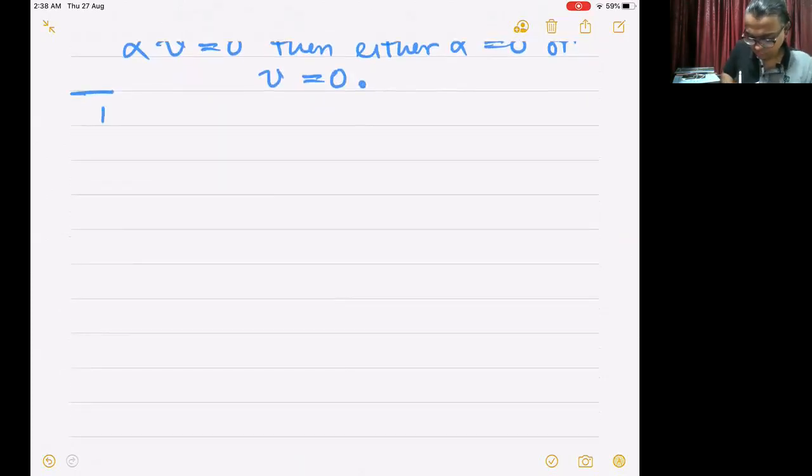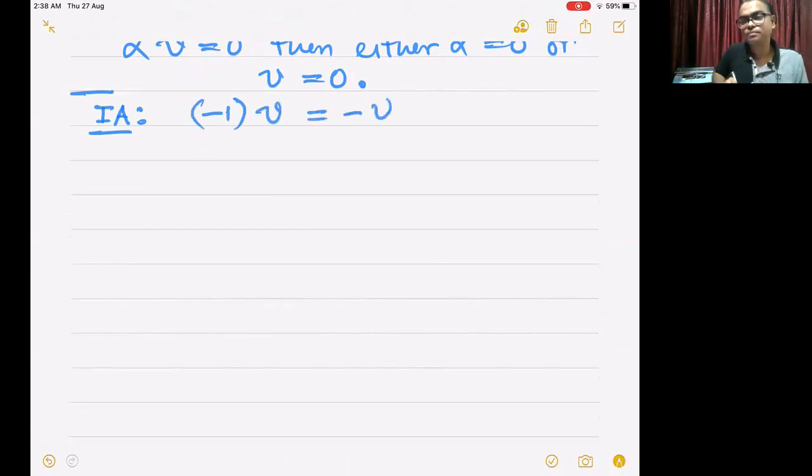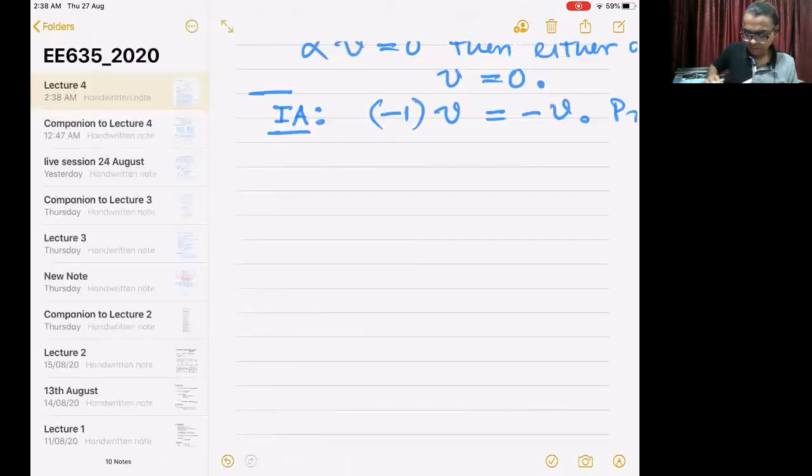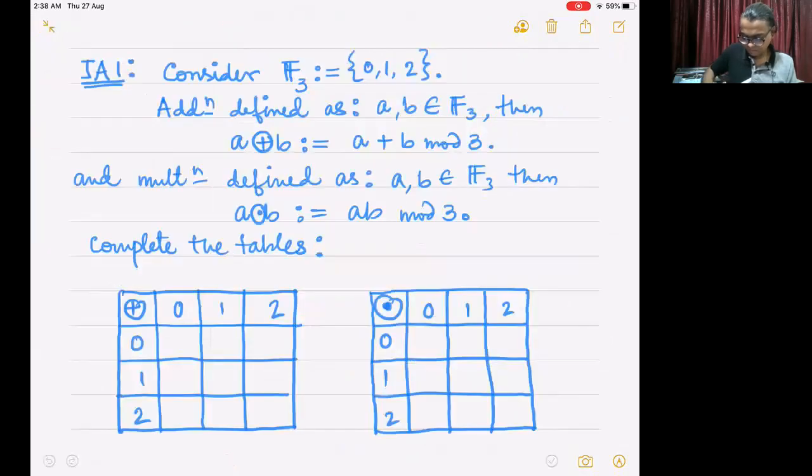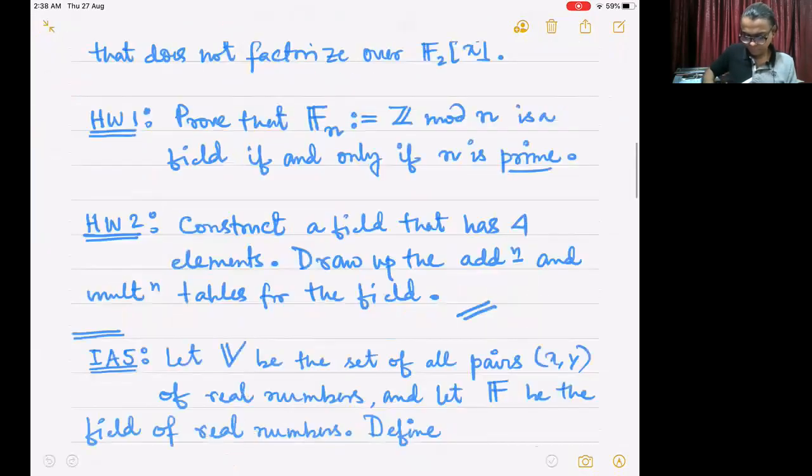As an immediate attention problem for you, why don't you prove that minus 1 times v is minus v? Prove it. Together with that, let me dictate some other immediate attention problems also.